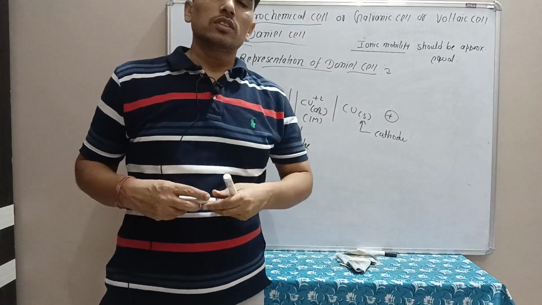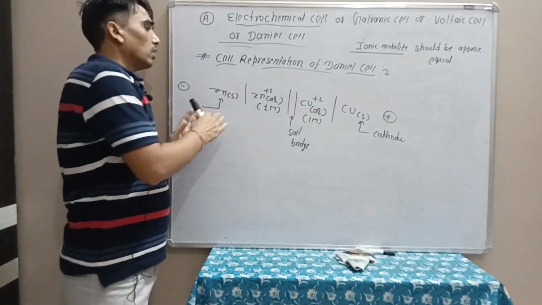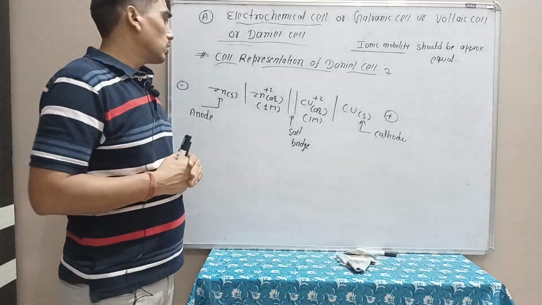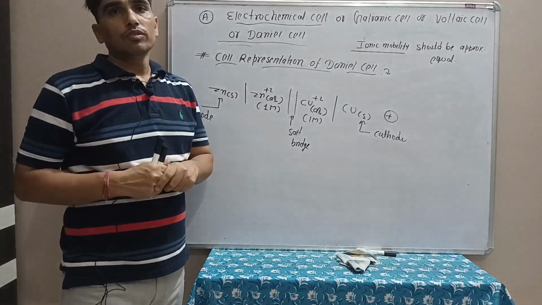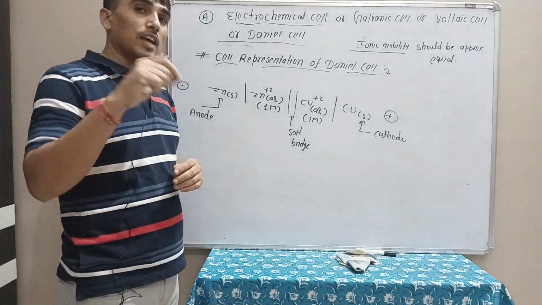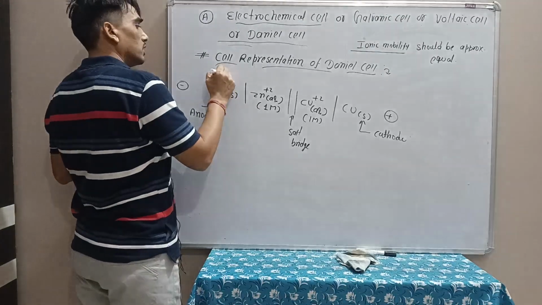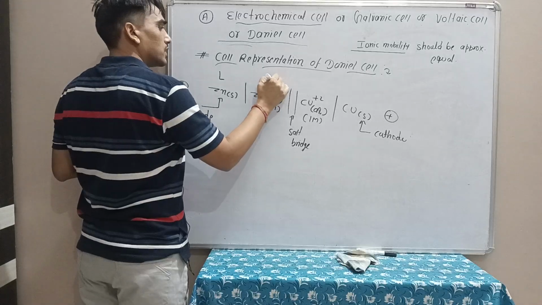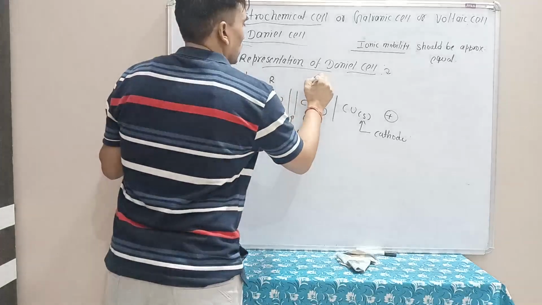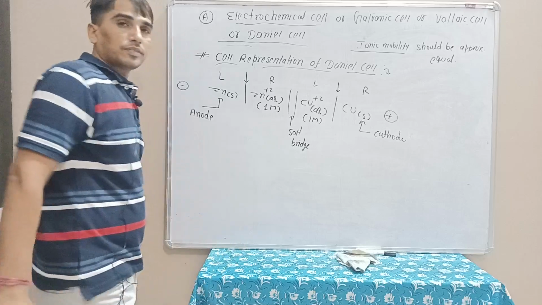Sometimes we face problems where in a given question we obtain the cell representation and we need to prepare the cell reaction. Then I will tell you how we can form the cell reaction from the cell representation. Look at the board. This is left, this is right from this center.